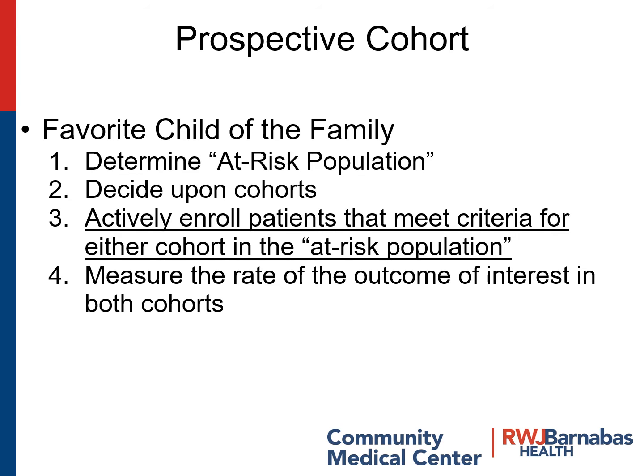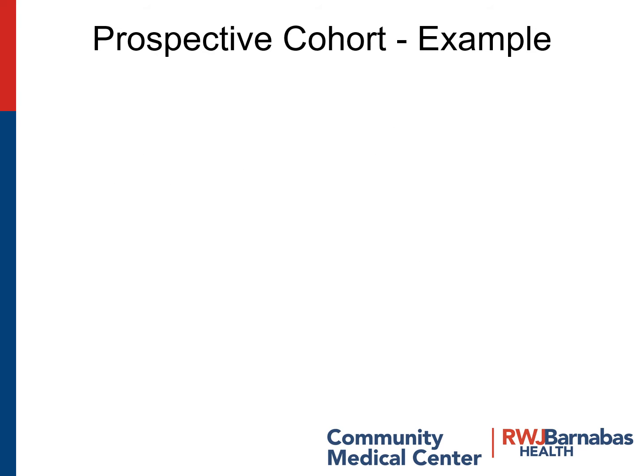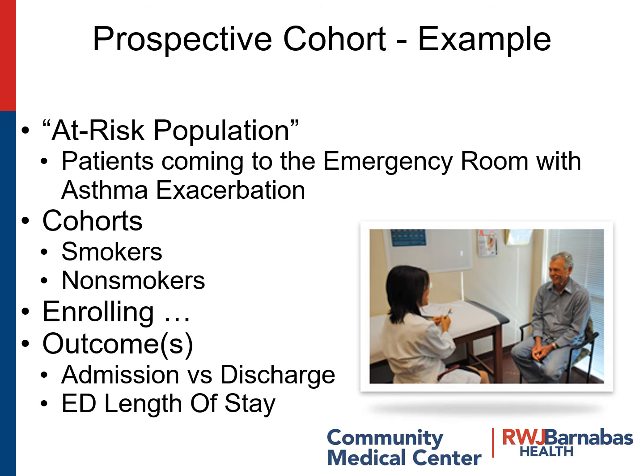As you're doing that, you measure the rate of the outcome of interest in both cohorts and you compare and contrast. So patients come to the emergency room with an asthma exacerbation, and you can cohort them into smokers or non-smokers. Then you can enroll them, and then you can look at admission versus discharge or ED length of stay, and a whole bunch of other outcomes.